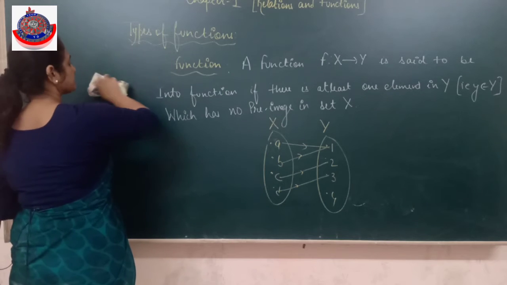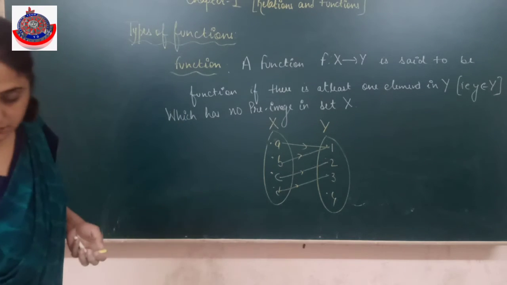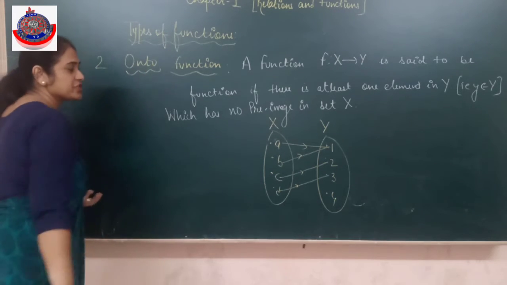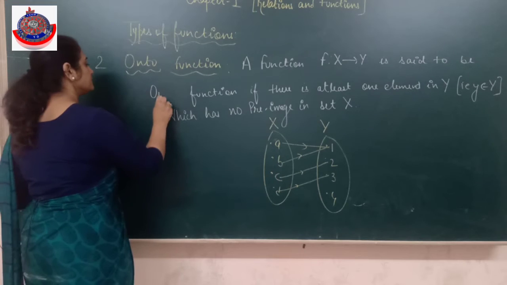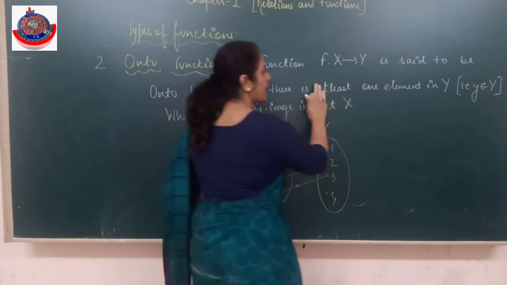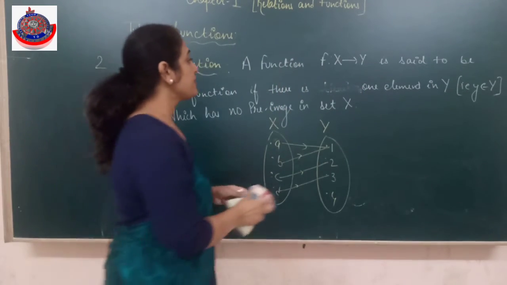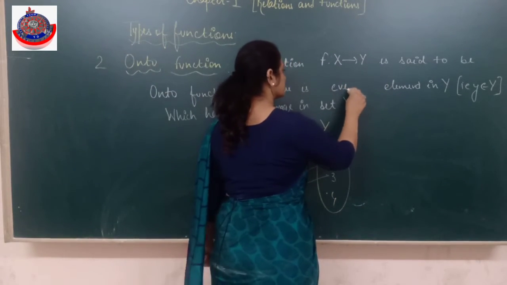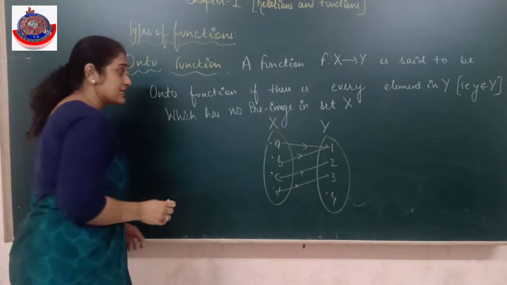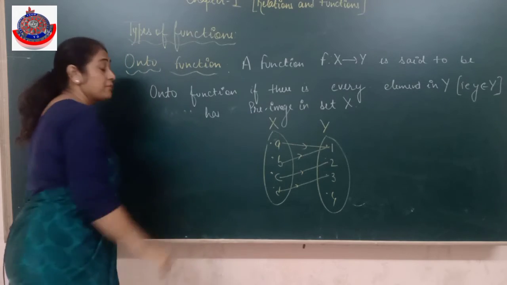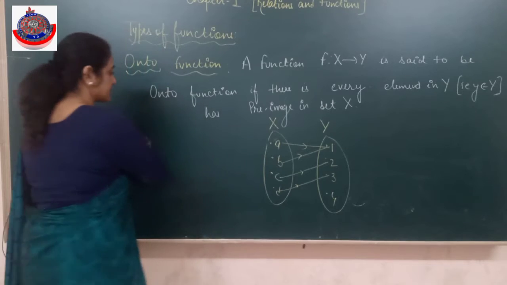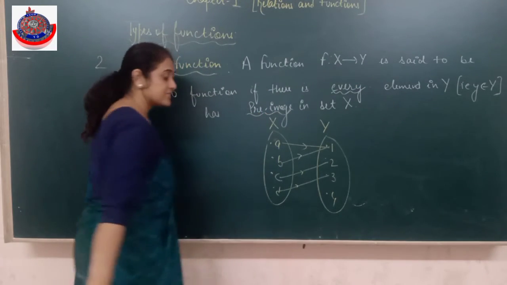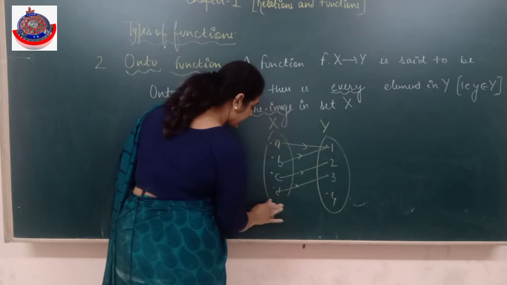If I say onto function, a function f from X to Y is said to be onto if every element in Y has a pre-image in set X. If every element has a pre-image in set X, that means, if there is some element, say I'll say E here.